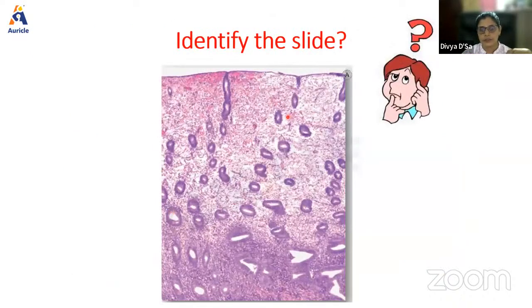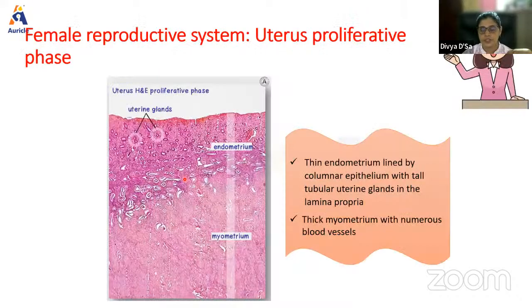Now here we are seeing two layers. Basically, we see some glands. This is the epithelium and the small glands. And down here we are seeing some muscle. When we see this, this is the slide of uterus in the proliferative phase. As the name says, it is proliferating, it is developing.